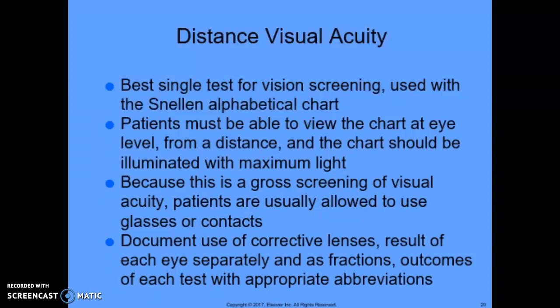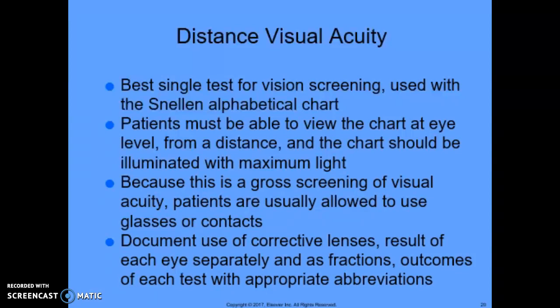In your documentation, you need to include whether corrective lenses were used, the results of each eye separately and as a fraction, and the outcomes of each test with appropriate abbreviations. So how do we record these tests? The numerator, the top number, is the distance of the patient from the chart, which is 20 feet.